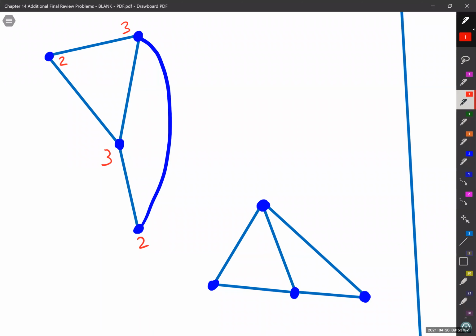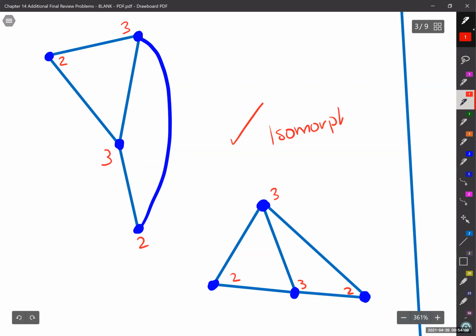So it's like, okay, you've got 2 degree 3s connected to each other. Each of them are connected to degree 2. Well, we've got a degree 3 here, degree 3 here, each connected to degree 2. These are encoding the exact same information, so it is isomorphic. It's just the location of the vertice has moved slightly, and we've kind of shortened the edges.